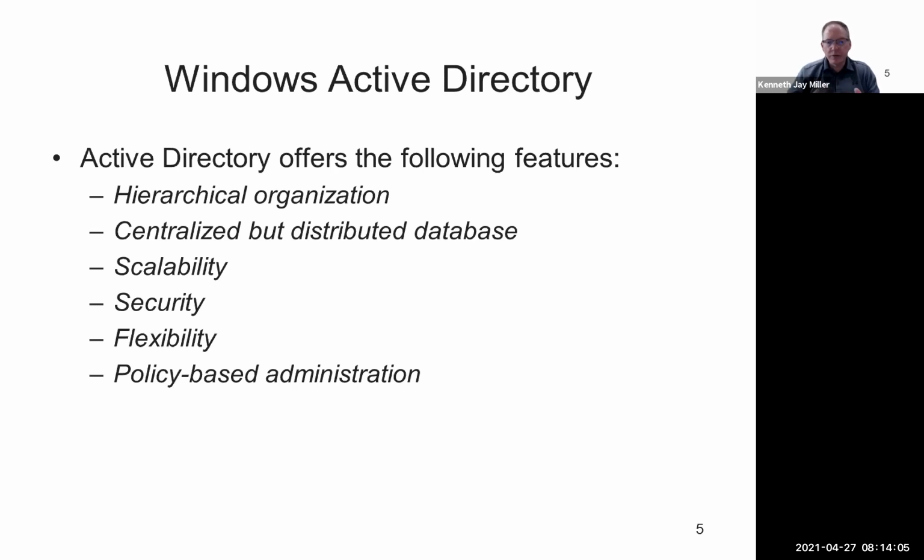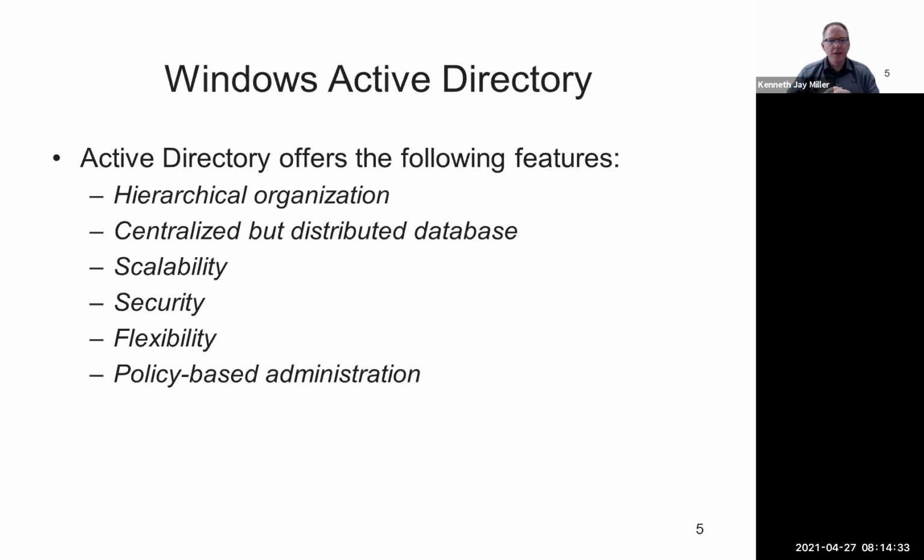A really good example in Southern California is the AAA, the Automobile Association. It's a huge corporation, and they run all of their servers on Windows servers using Active Directory. So they're spread out all over America, and all their systems communicate using Active Directory.